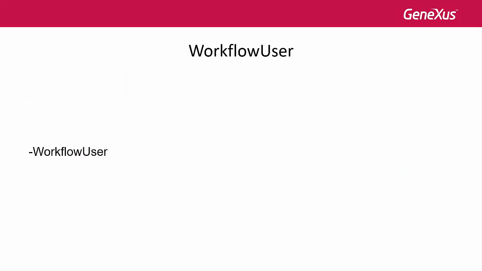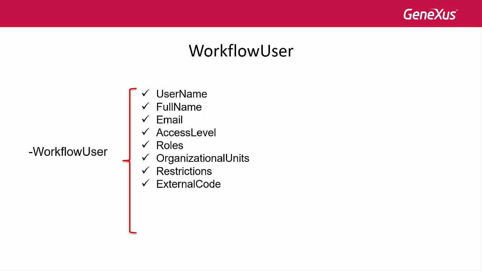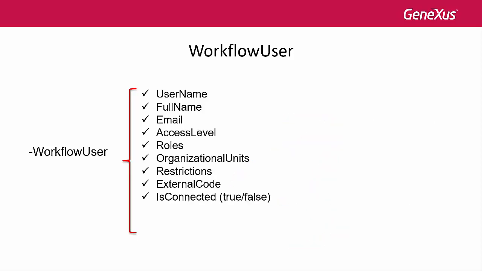Another important data type that requires our attention is the user. The workflow user data type expands on the properties that define a user in workflow, which include a unique username, a full name, an email, which is optional and not unique, the access level, defining if the user can execute this API on other users or only on itself, a set of roles, organizational units, and restrictions, an external code, which is often used to interface with other modules, like for example the GeneXus Access Manager, and whether the user is currently connected, logged, or out of office.